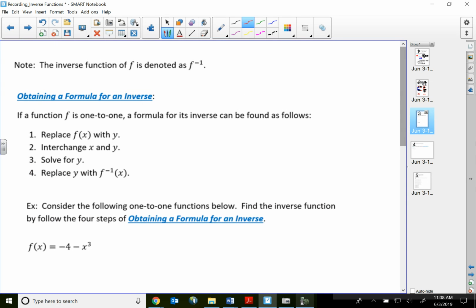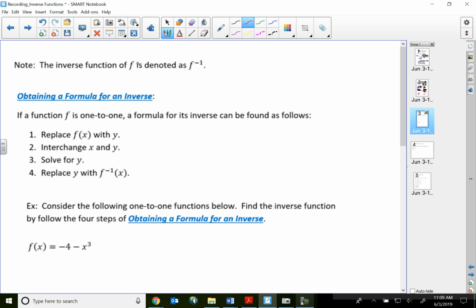Now the inverse function. What's the big deal about the horizontal line test? If a function f is one-to-one, if I pass the horizontal line test, then a formula for its inverse can be found as follows. So you got to pass the horizontal line test first in order to actually find the inverse function.